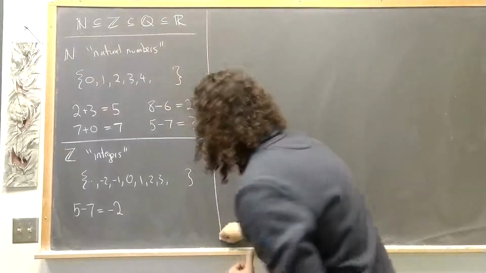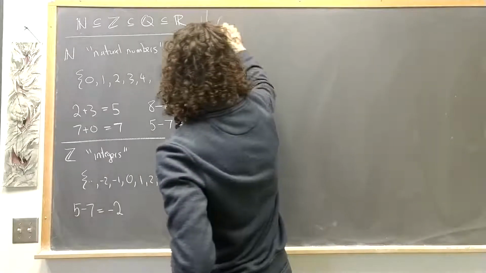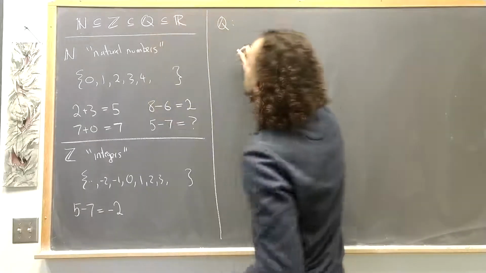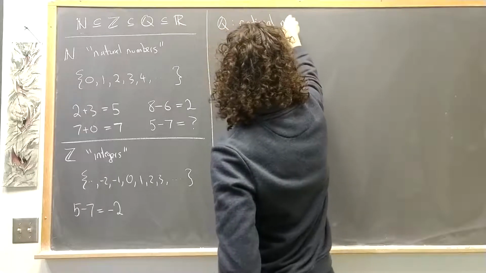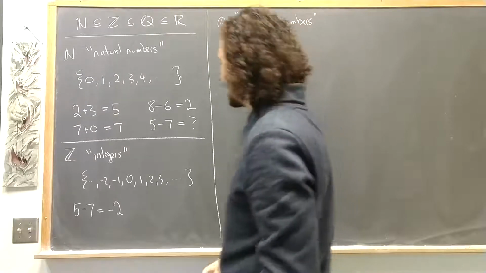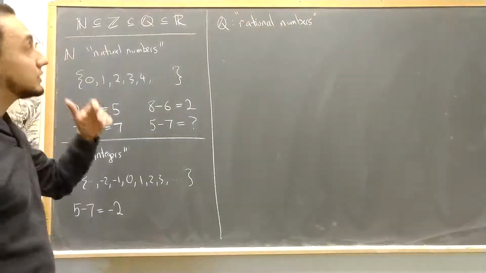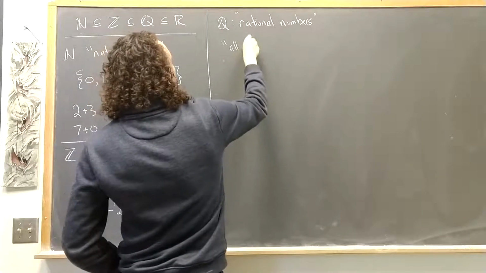Now the same reasoning about closure can bring us one step upward to the rational numbers. And the rational numbers intuitively are all the fractions.